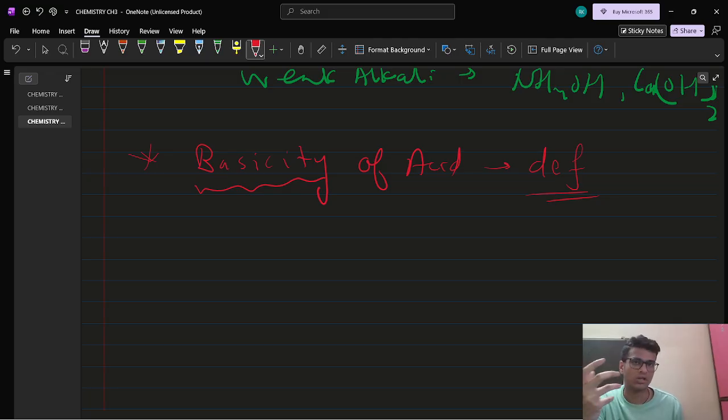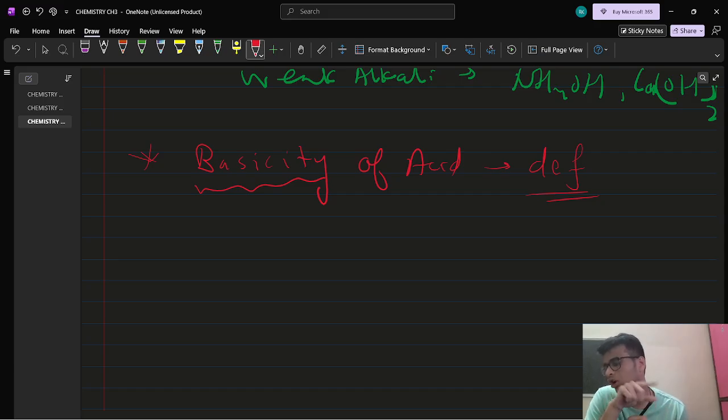Number of hydrogen ions produced per molecule of an acid in aqueous solution state. After that, one more is given: the number of hydroxyl ions.